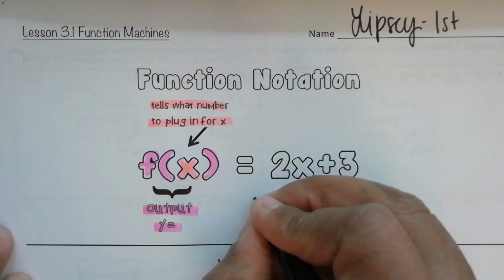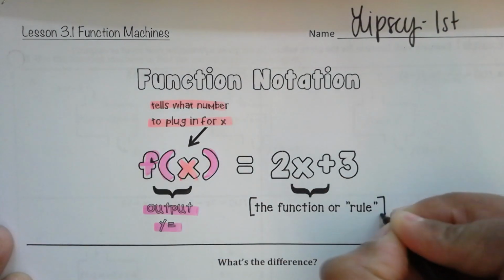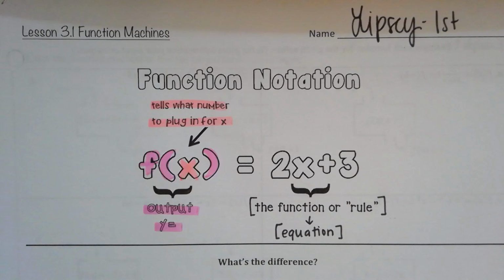That just means the equation. So, function, that's the rule, that's the equation. That's what you do when you plug in x in order to get y for it to be true. Any questions there? Thank you, Aaliyah.